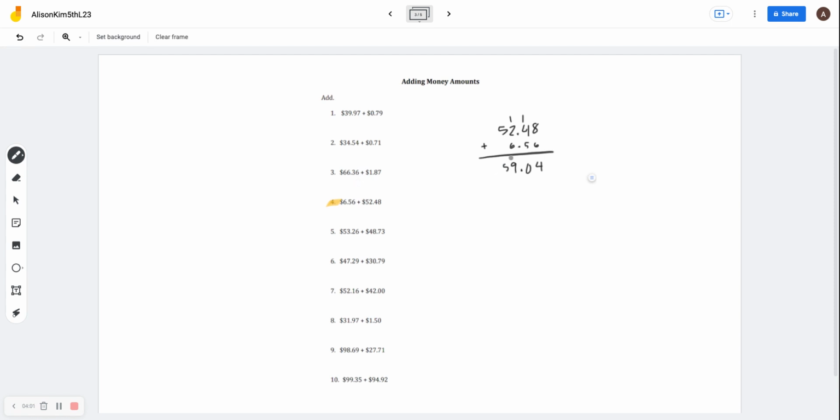So you would think that our answer is 59.04, but we're dealing with money, so let's add back our dollar signs. And this makes our answer $59.04. For this one, you just need to pay attention to the decimal place and to the dollar sign.